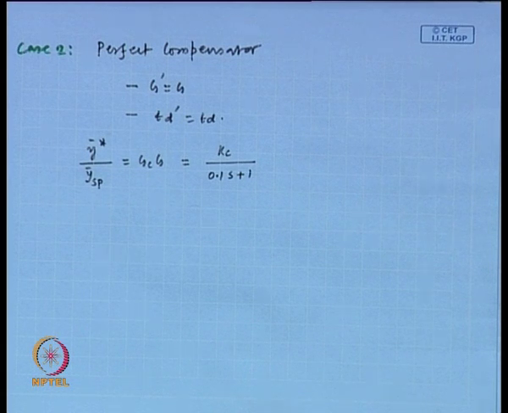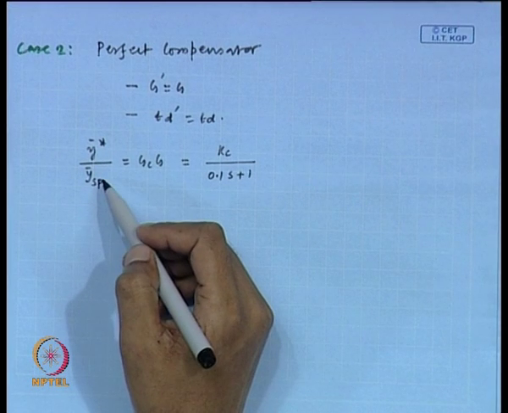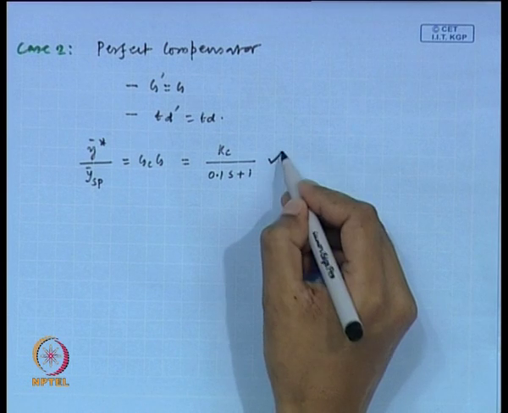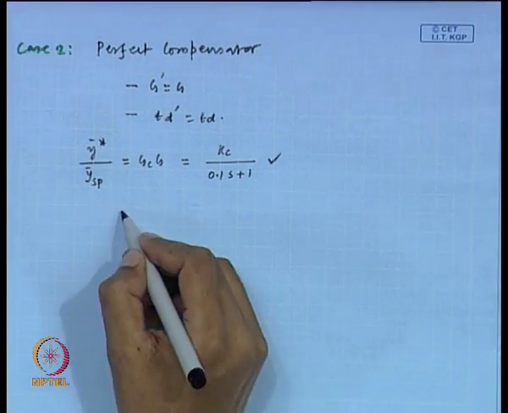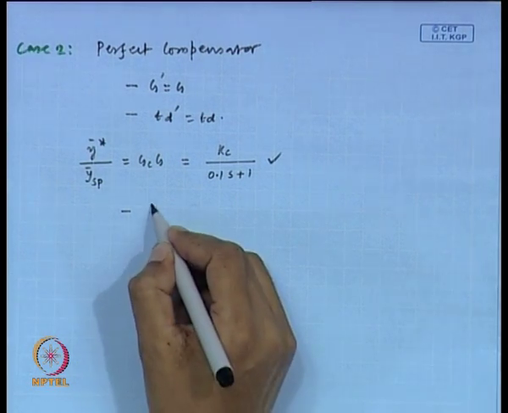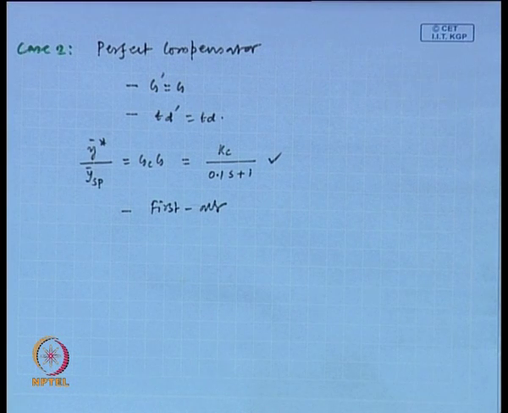There is no dead time part. So, for perfect compensation we get y star by y set point equal to Kc divided by 0.1 s plus 1. Now, this is the transfer function of a first order system Kc by 0.1 s plus 1.